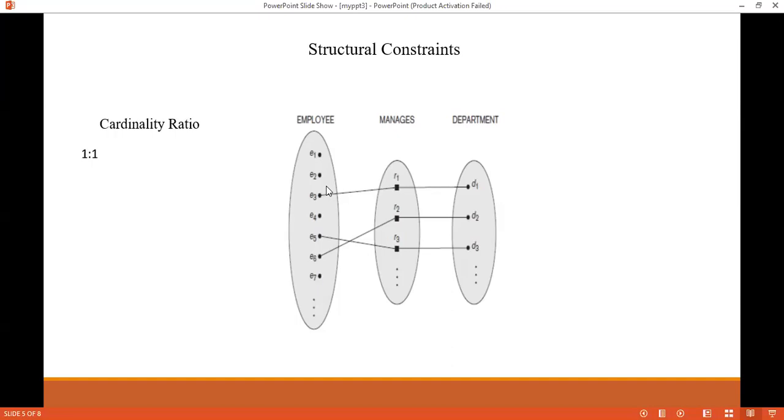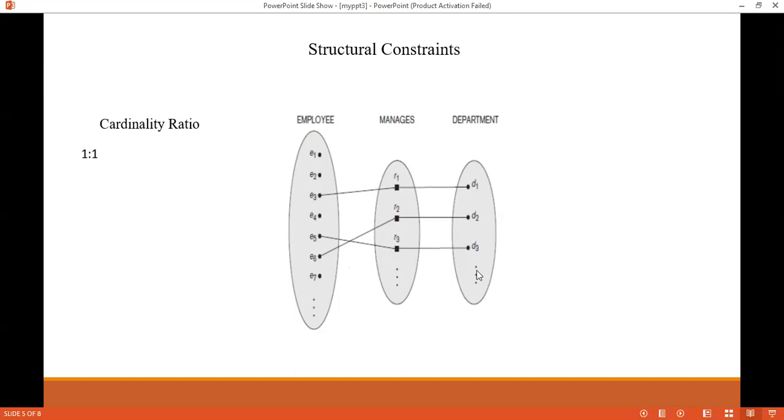Whenever the minimum cardinality is below 1, that is 0, it is called partial participation. So here the employee is participating in a partial relationship, partial participation. The employee's participation is partial here. Whereas this is total participation, because you can see all the departments are participating in a relationship type.